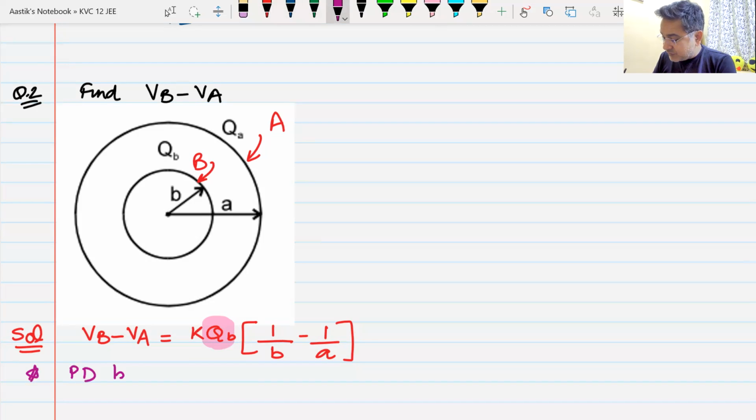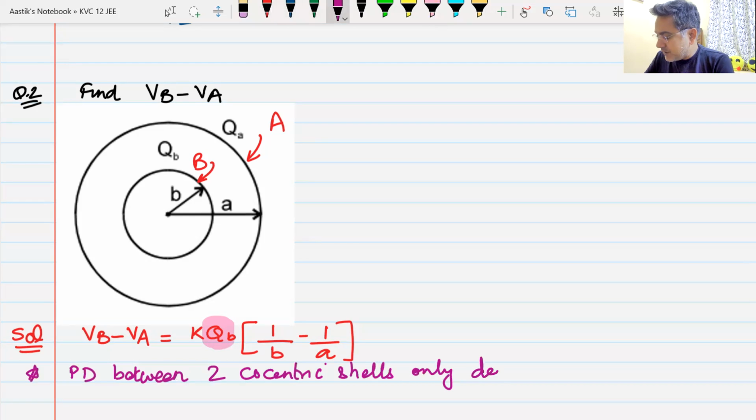Potential difference between two concentric shells only depends on what?